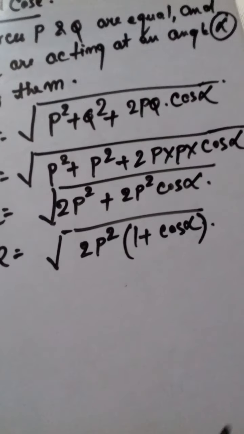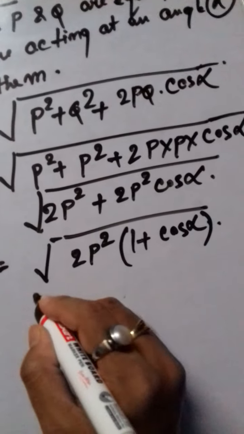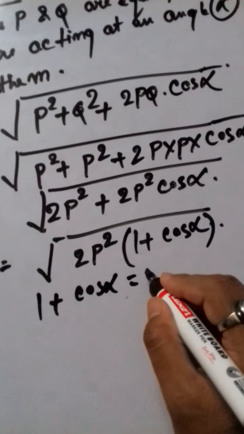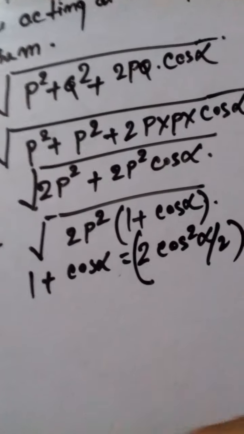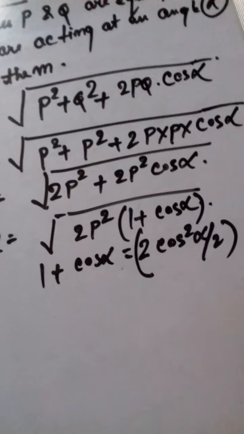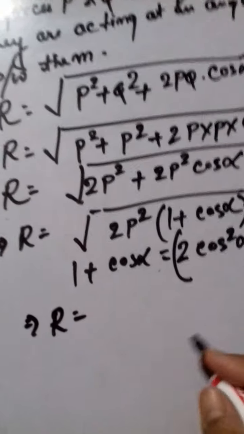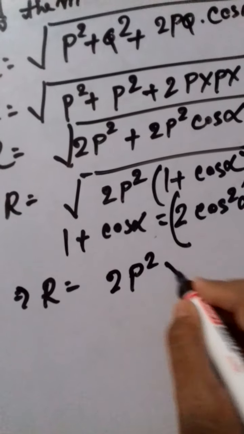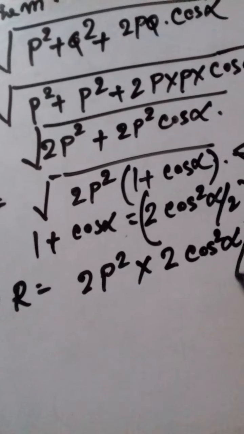Now by the simple trigonometric formula we know that 1 plus cos alpha is equal to 2 cos squared alpha by 2, right? So just substitute this formula over here. So R is equal to the square root of 2P squared into 2 cos squared alpha by 2.